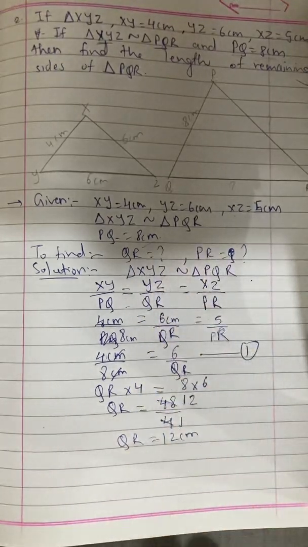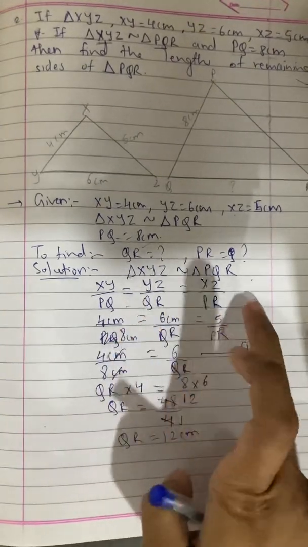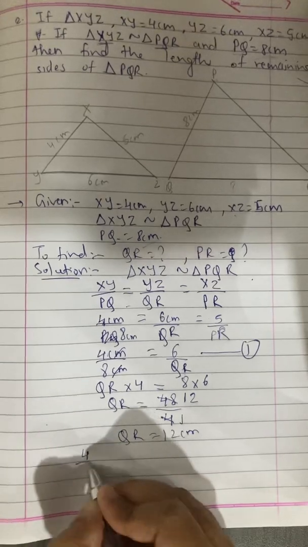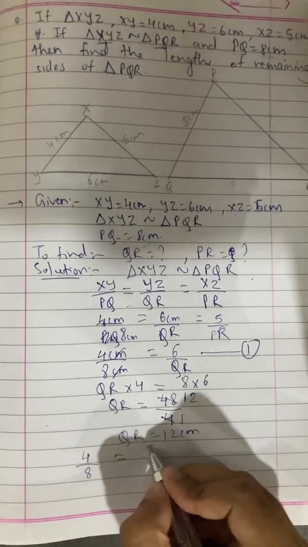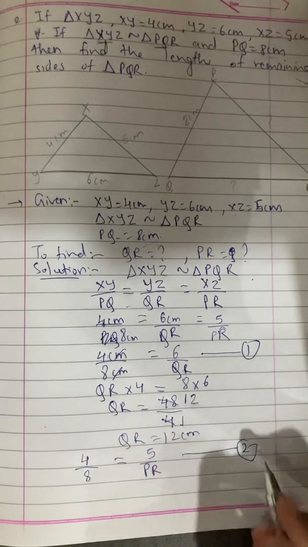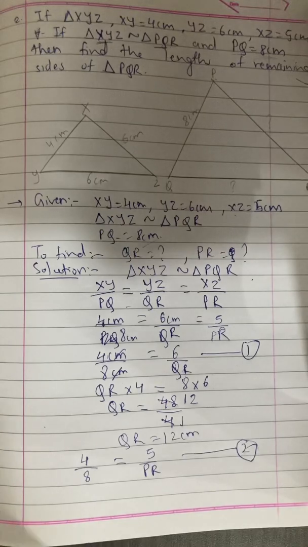अब PR अगर find out करना है, so we'll take these 2 things, 4 centimeter upon 8 centimeter and 5 upon PR. So 4 upon 8 and 5 upon PR. So this will be equation number 2. Okay. Now let us cross multiply. I'll do it on another page.